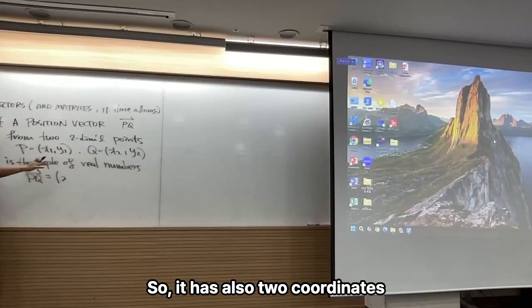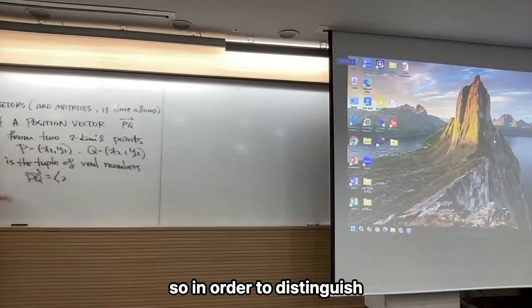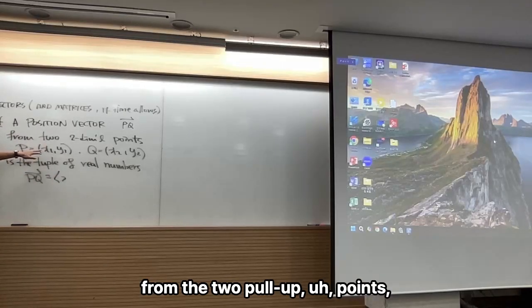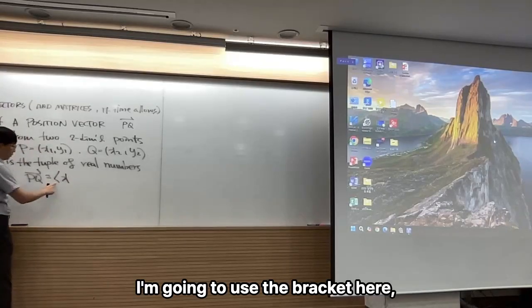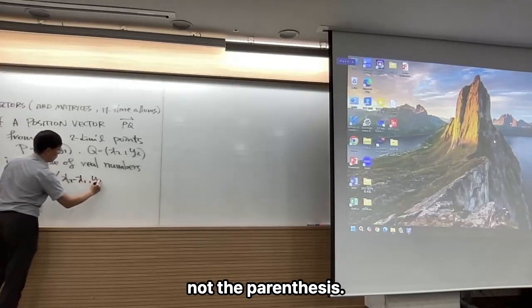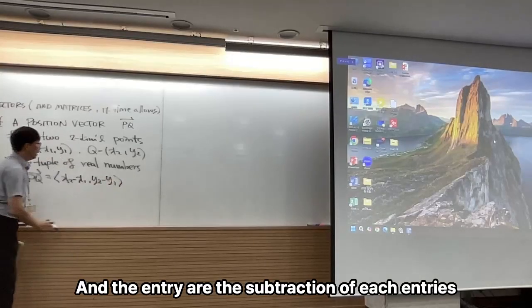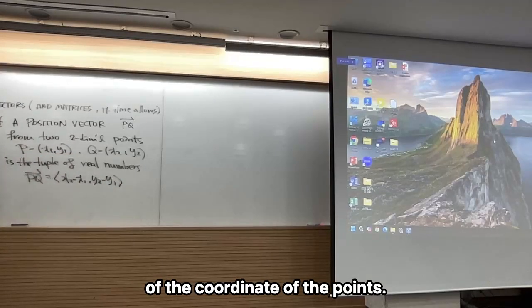So it also has two coordinates, but it's a vector. In order to distinguish it from the tuple of numbers that represents a point, I'm going to use brackets here, not parentheses. And the entries are the subtraction of each entry of the coordinates of the points.